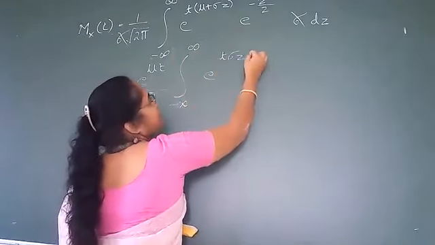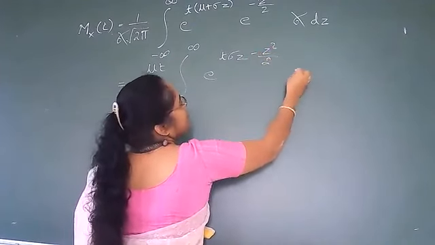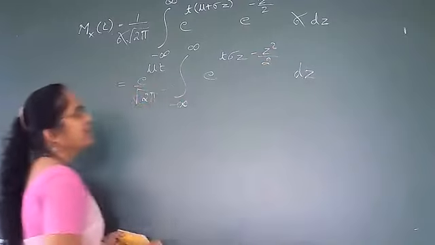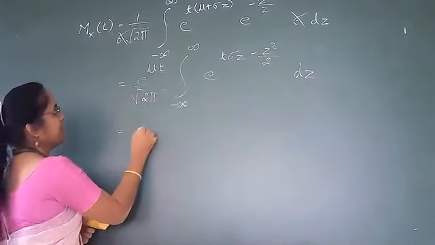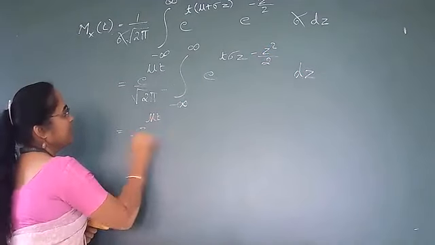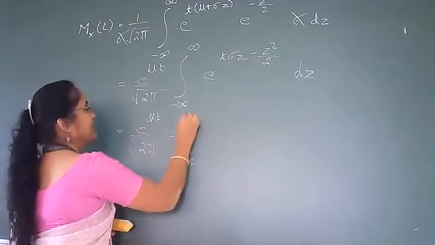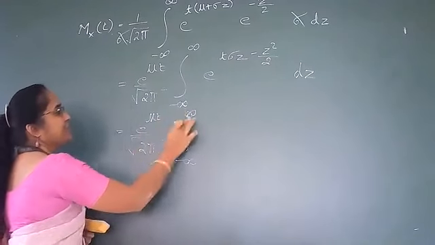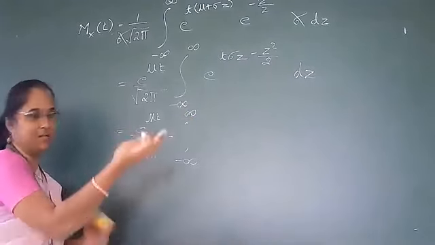There's a minus sign here, so it's going to be minus z squared by 2 dz. And this can be further simplified. I can write this as e raised to mu t upon square root of 2 pi. We know that whenever in statistics we are dealing with e raised to something, we would always try to have e raised to minus terms.